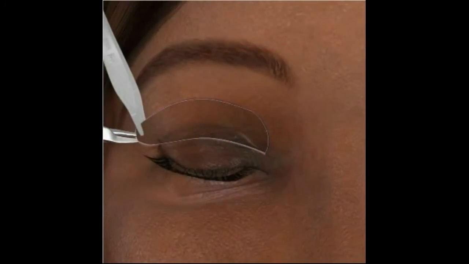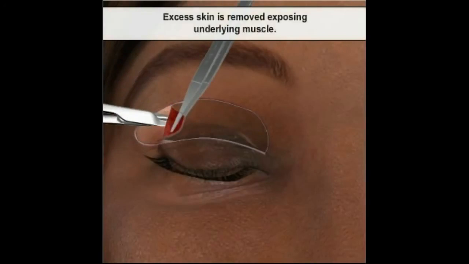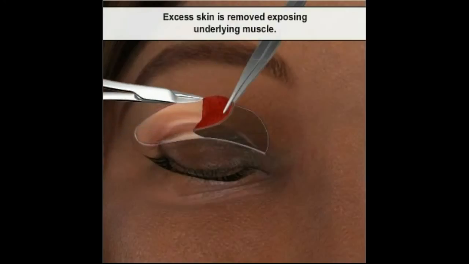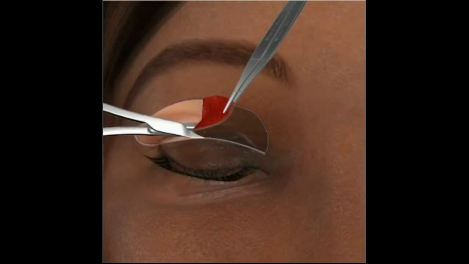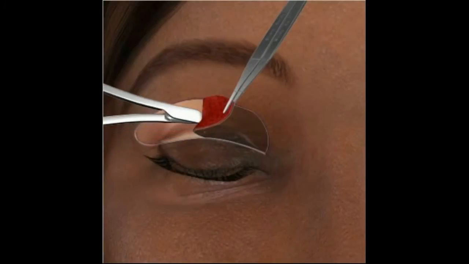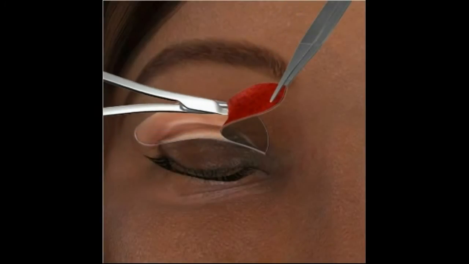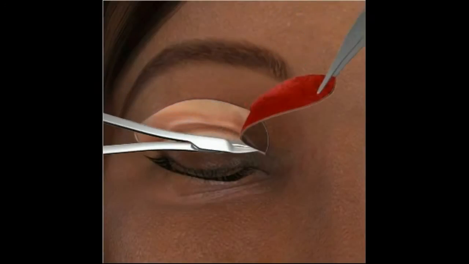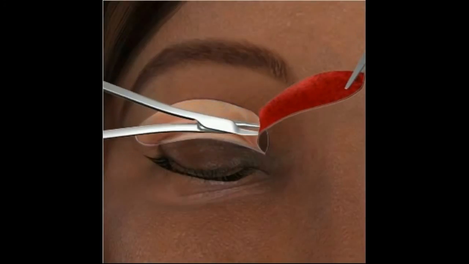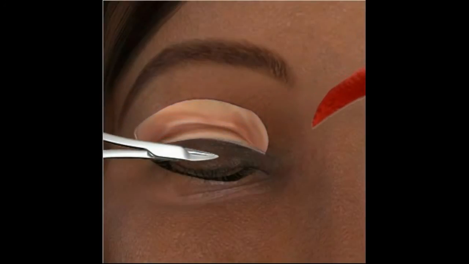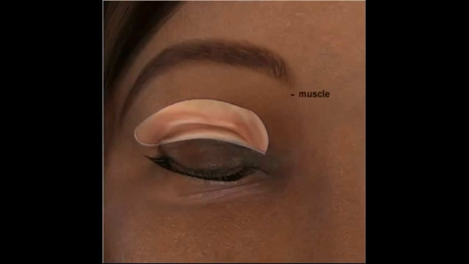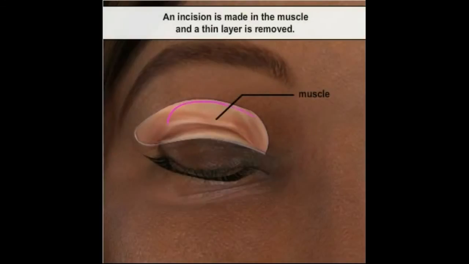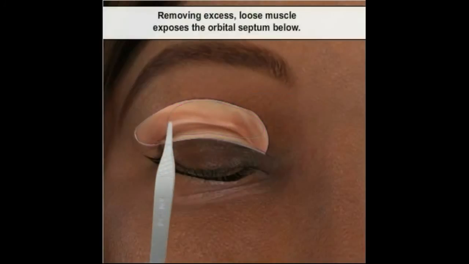Using a variety of surgical instruments, the physician will carefully dissect a layer of excess skin from the upper eyelid, exposing the underlying muscle layer. In some instances, the physician will choose to remove a small strip of muscle from the upper eyelid, exposing the layers below.